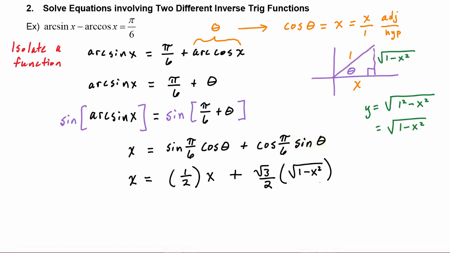So we are able to combine like terms here. We have a 1x here on the left-hand side, and we have a 1/2 x here on the right-hand side, so we can subtract 1/2 x from both sides.